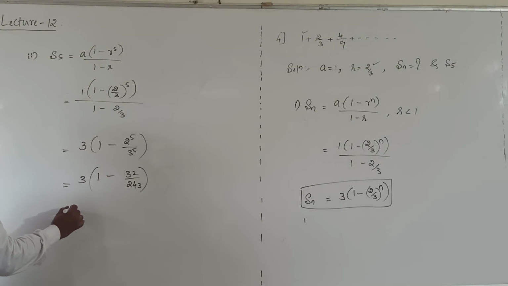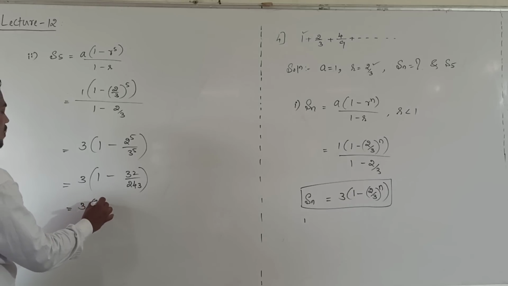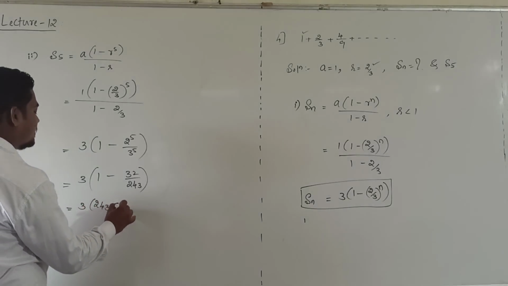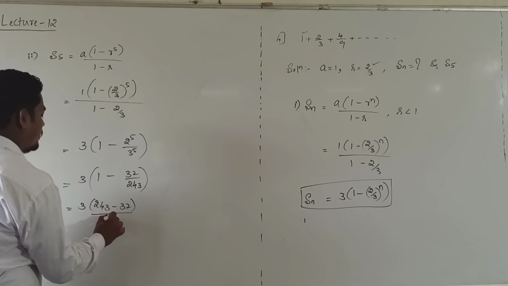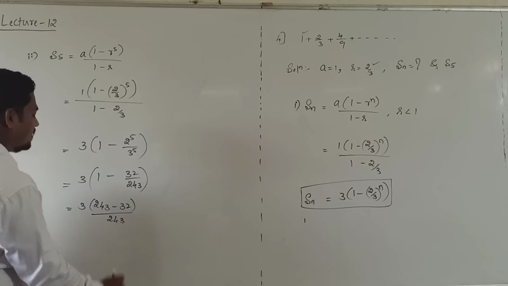Now taking LCM, 3 into 243 minus 32 divided by 243.